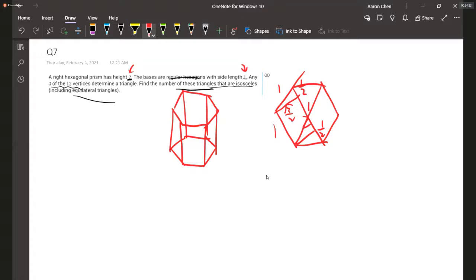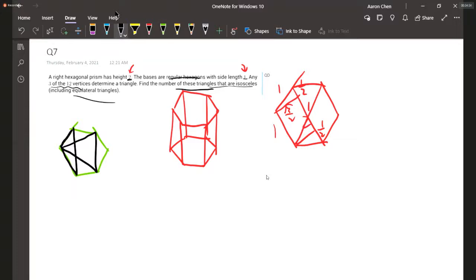And so on each hexagonal surface, the first case is where the 3 points are all on the hexagonal surface. And if this is true, it can be of this form, or it can be an equilateral triangle.